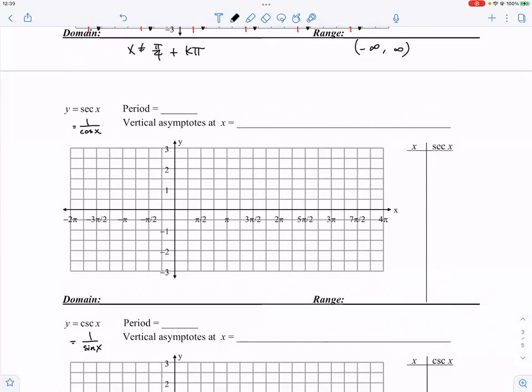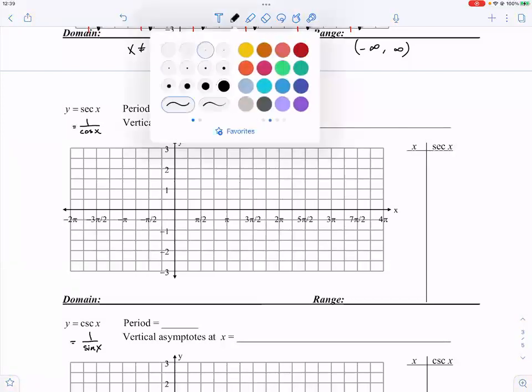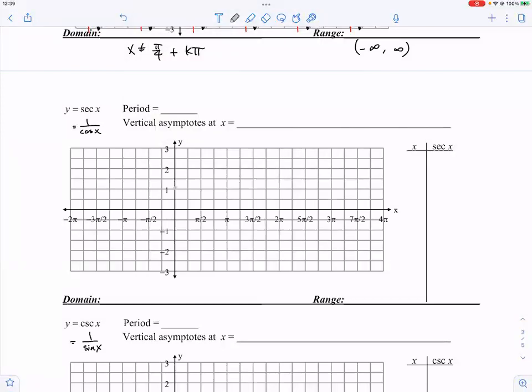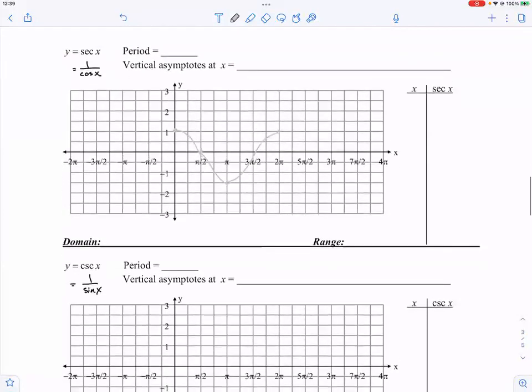Other people would not be able to see it. Use your pencil very lightly, make a cosine x graph for the whole graphing area. Make a cosine x graph for the top one. Make a sine x graph for the bottom one. I'll give you a couple minutes to do it.